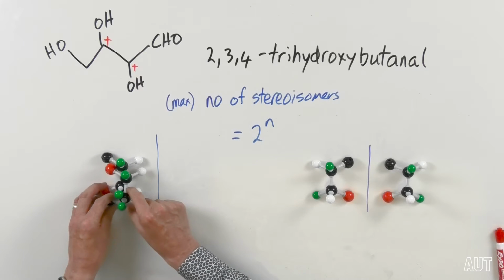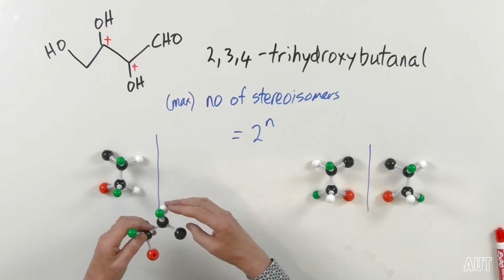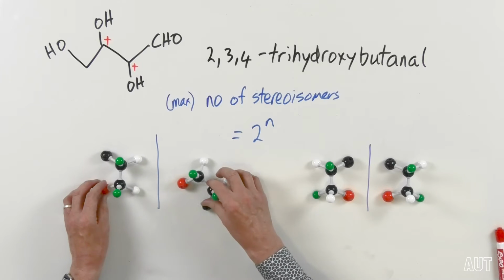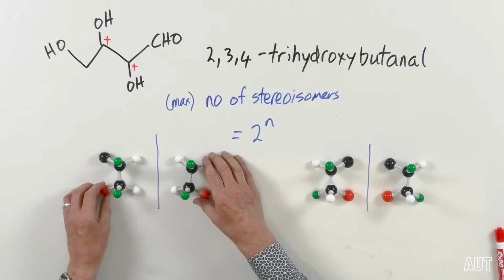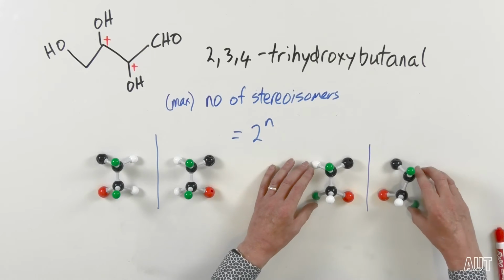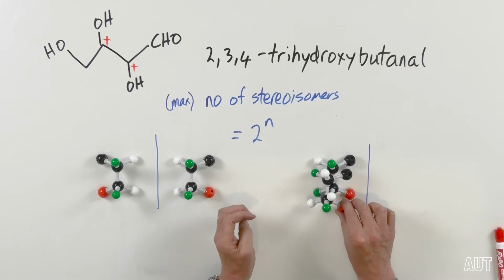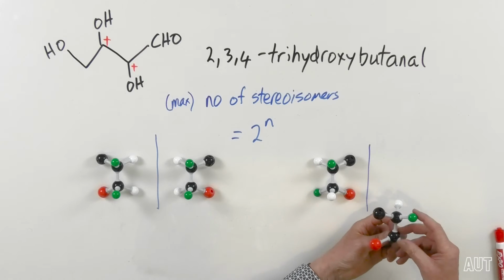You try and superimpose them, no matter how hard you try, it just doesn't work, okay? So these two are non-superimposable mirror images of each other. And these two, again, try and superimpose them. Doesn't work, okay?